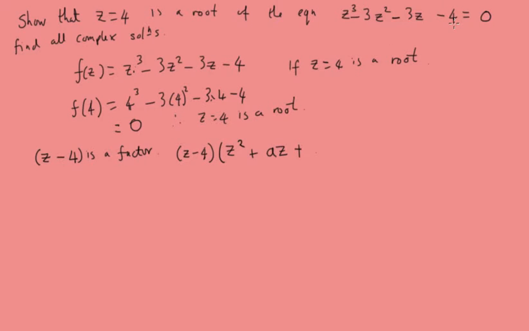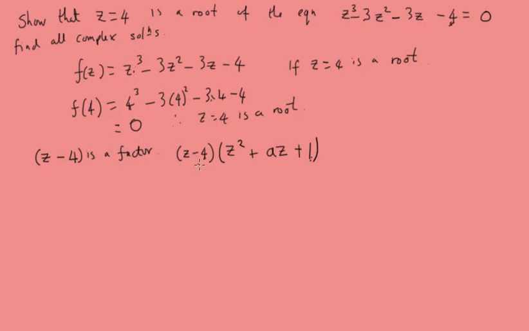When you multiply out the brackets, you're going to come back to this. So 4 times whatever number goes here must equal minus 4. So it's going to be plus 1.